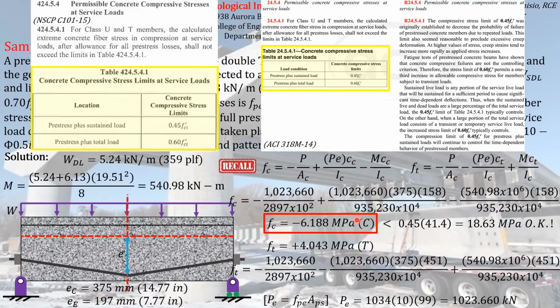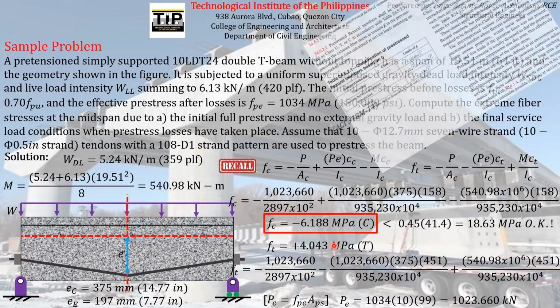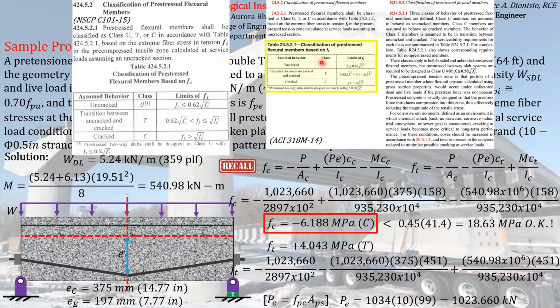But we still have to check the other stress that we have computed, which is a tensile stress. So what particular code provision will we use to check if it is code compliant? Actually, you can refer to section 24.5.2.1, or if you will refer to NSCP, the local code, section 424.5.2.1.